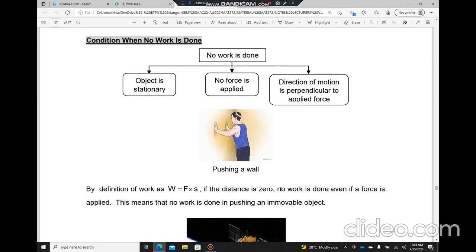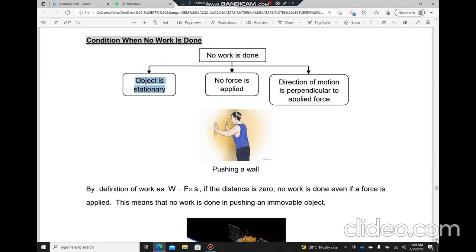If the distance is 0, no work is done, even if a force is applied. This means that no work is done in pushing an immovable object. So maksudnya kalau distance 0, sebab formula untuk work done is Fs. So S ni mewakili distance. So kalau contoh kat sini object is stationary, maknanya objek tu tak bergerak, maknanya dia tak ada distance. So that's why no work is done.